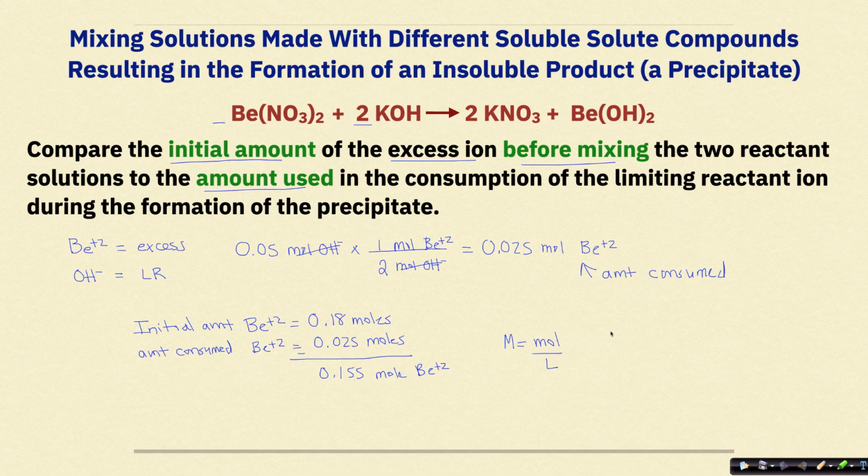We have our amount of moles of Be+2 that are in excess, so 0.155 moles of Be+2, and we're going to divide that by our total volume, so this is going back to 0.12 liters, and if we divide these out, our final concentration of Be ions that are still in solution is 1.29 molarity Be+2. So we finally figured out the concentration of Be+2 ions in solution.